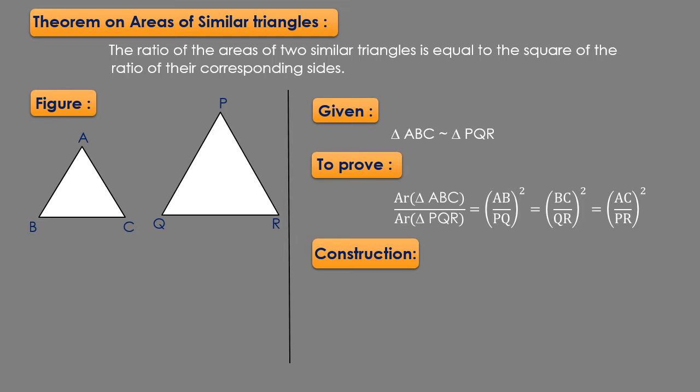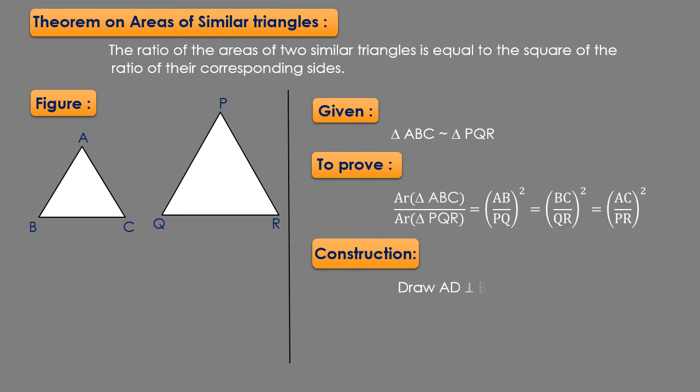Now to prove this theorem, we are going to use the concept of area of the triangle. That is, area of a triangle is equal to half into base into height. So in order to use that formula, we are going to construct the heights of both the triangles, or altitudes of both the triangles.